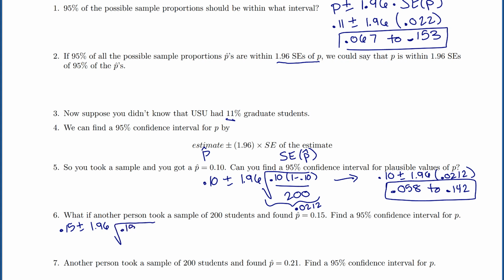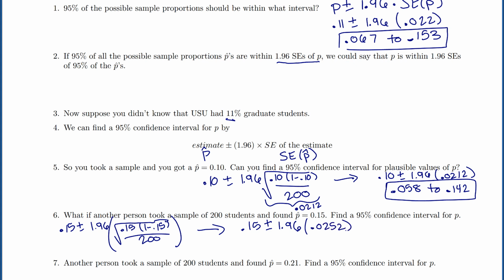It'd be the square root of the sample proportion 0.15 times 1 minus 0.15 divided by the sample size of 200. So if I simplify that, it'd be 0.15 plus or minus 1.96 times the standard error, which is 0.0252.